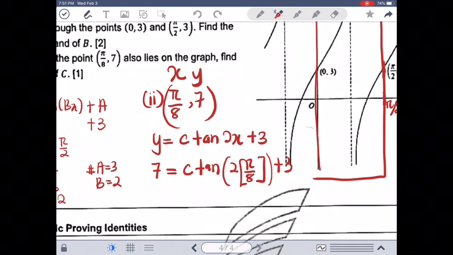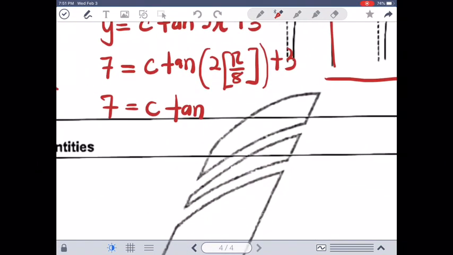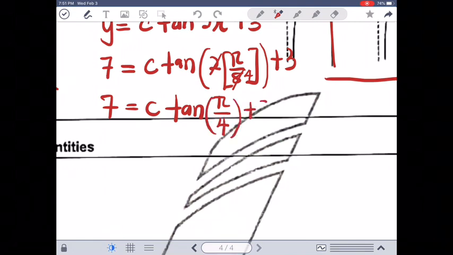Okay, so 7 equals c tan, simplify that, becomes tan pi over 4 plus 3.